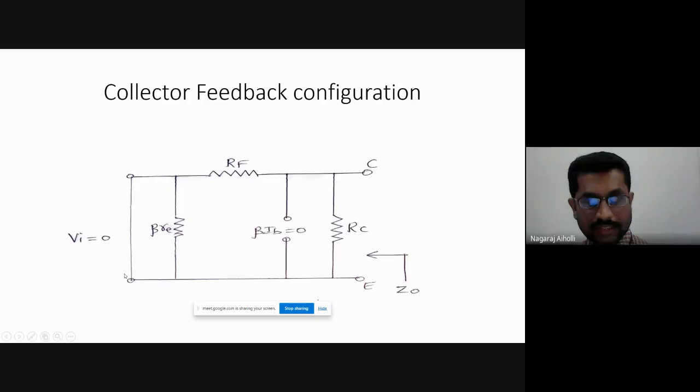RC is the resistance which is connected from collector terminal to ground. This is the collector resistance. RF is the feedback resistance in our basic circuit, original circuit. Then beta re is the diode equivalent of the emitter base junction, the AC resistance. This is how we are finding the performance parameters.